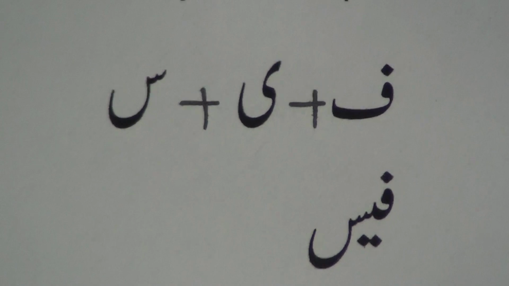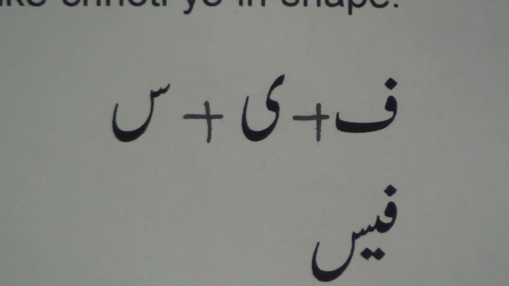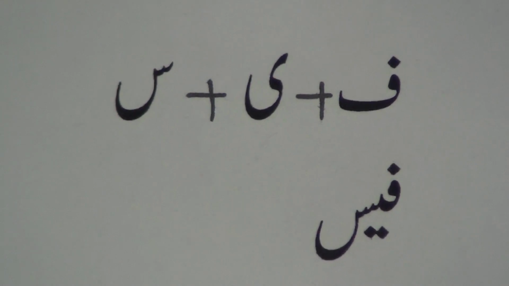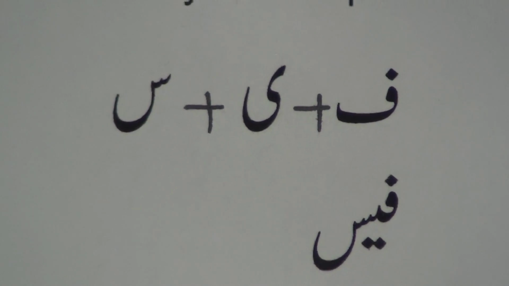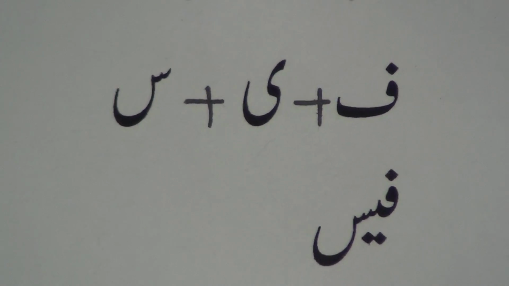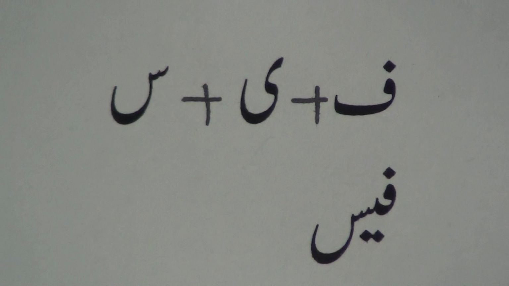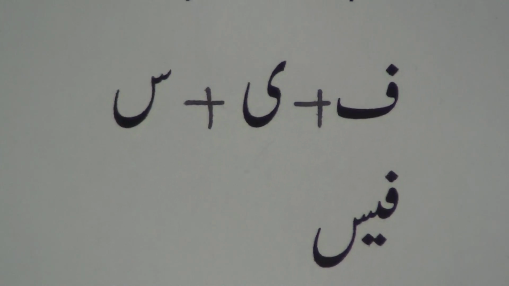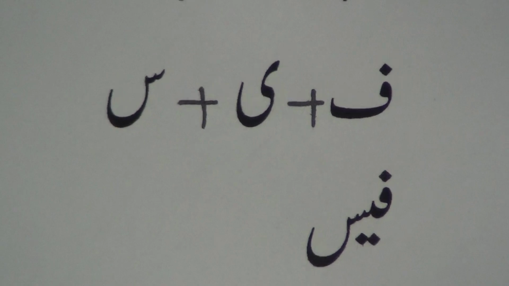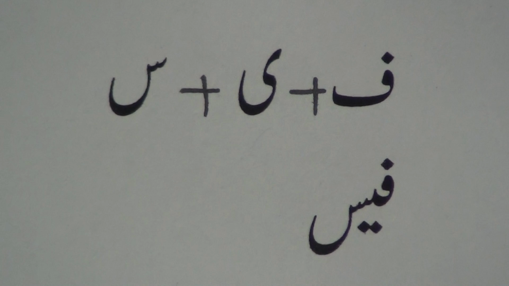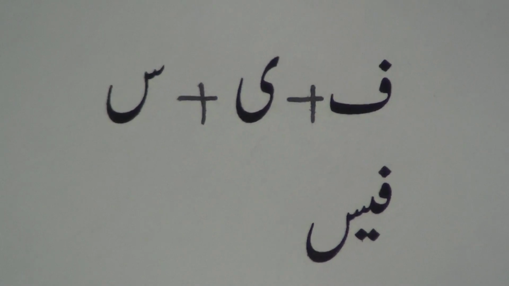Fe plus choti ye plus seen is fees. Fees is the same English word, fees. And you have noticed that ye changes its shape, and it could be recognized only with two dots below.